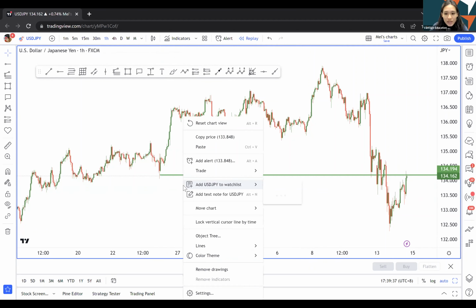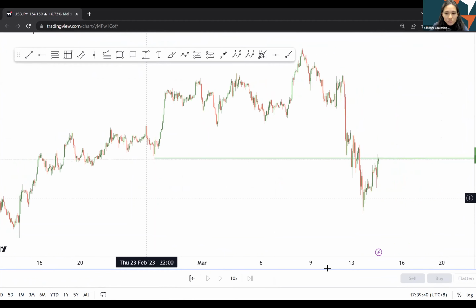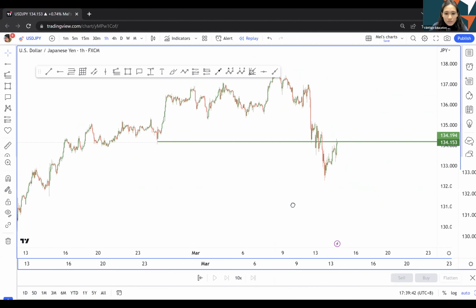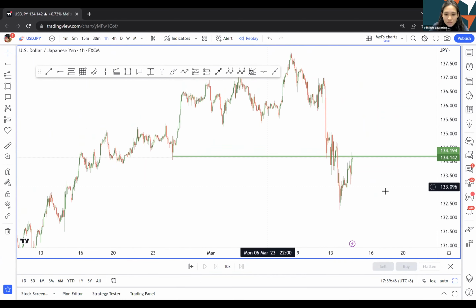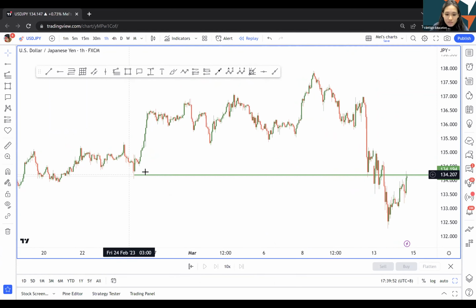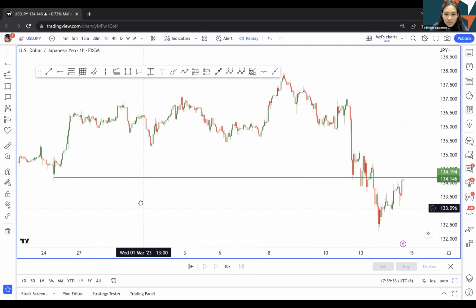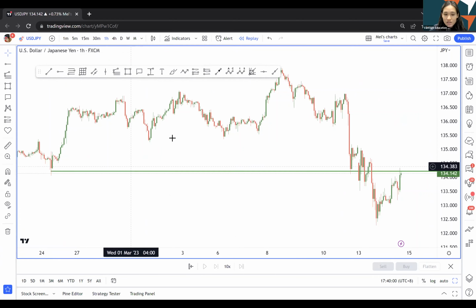So we have a swing low over here. Can someone tell me in the chat, what do you guys think about this support level? Do you guys think this support level is valid?